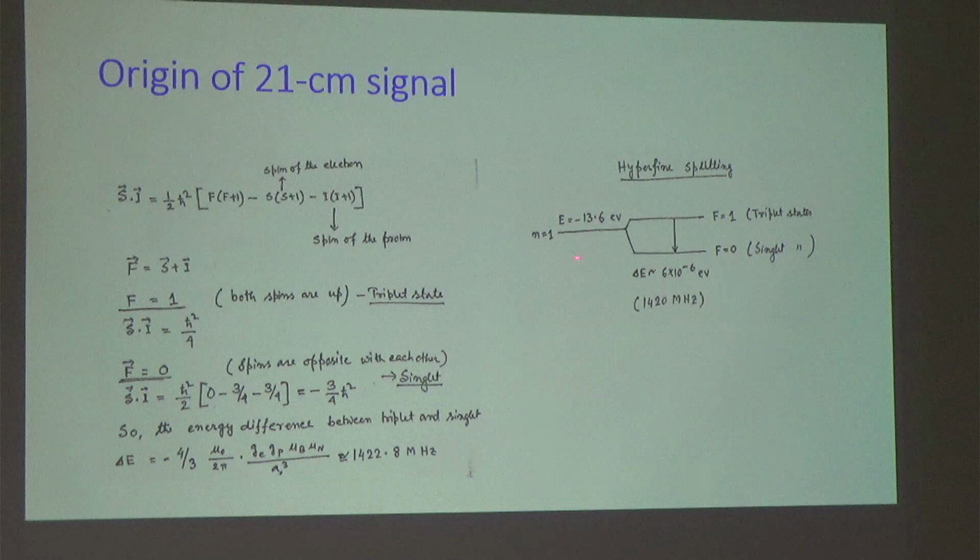So this is the unperturbed energy level. But if you consider hyperfine splitting, that's the interaction between the proton magnetic moment and the electron magnetic moment, it splits into two states, singlet state and triplet state.